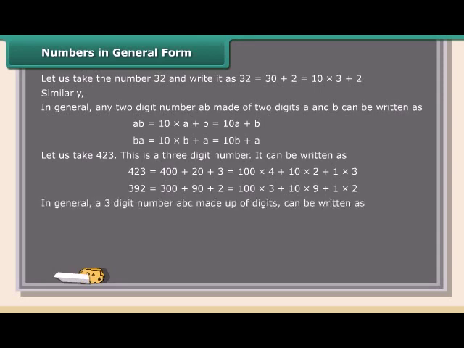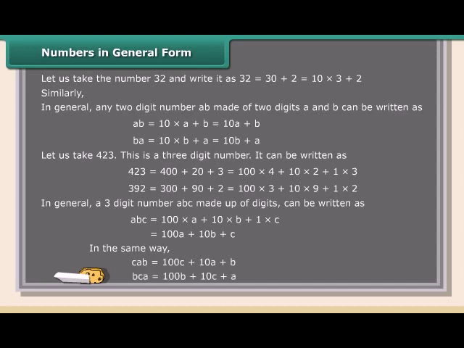In general, a three-digit number ABC made up of digits can be written as ABC = 100 × A + 10 × B + 1 × C = 100A + 10B + C. In the same way, CAB = 100C + 10A + B, and BCA = 100B + 10C + A.